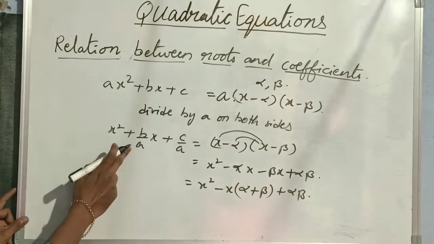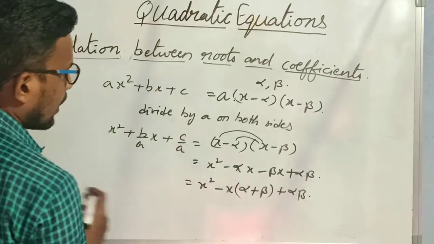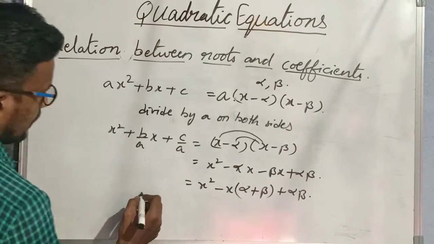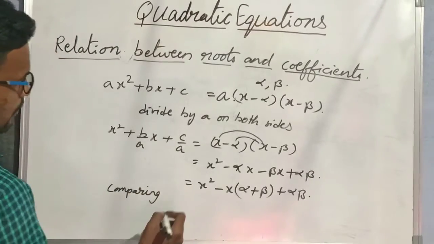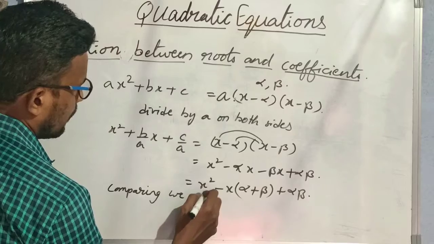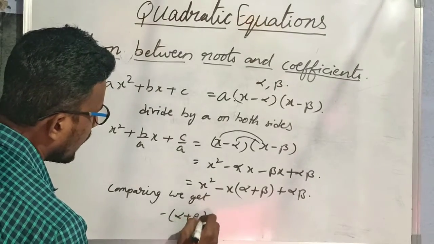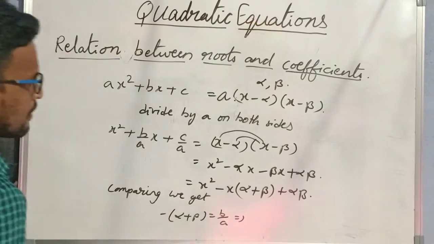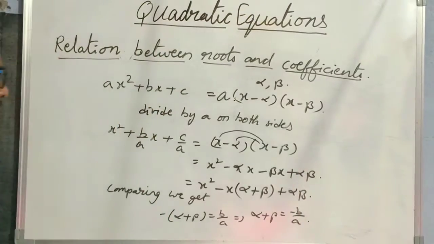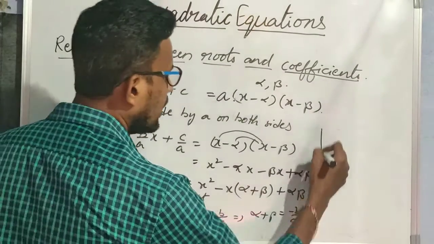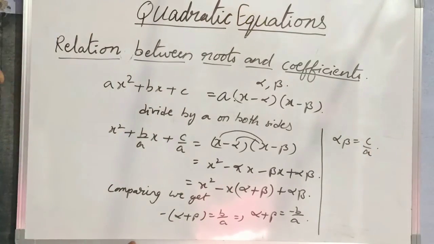So when I compare the coefficients of x and the constants on both sides, we get: minus of alpha plus beta is equal to b by a. This implies alpha plus beta is equal to minus b by a, right? In the same way, alpha beta is equal to c by a.